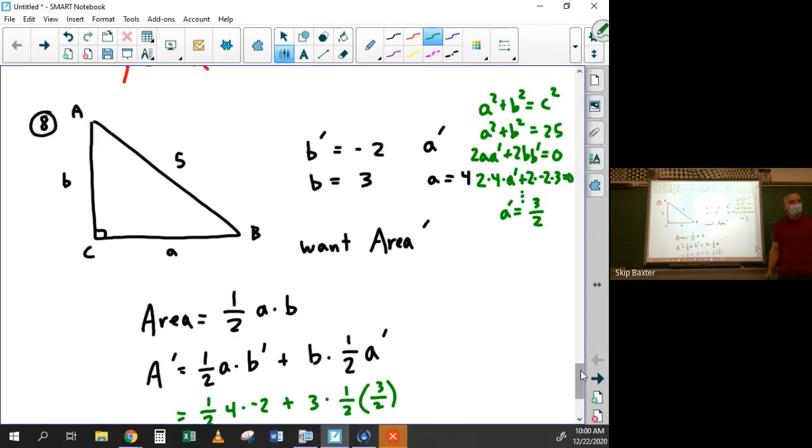So why can we assume that C prime isn't changing at all, but A prime is? Because it says the hypotenuse is 5. Like it's always 5. It doesn't say it's changing. It says that the legs are increasing and decreasing, but it doesn't say that the hypotenuse is changing.